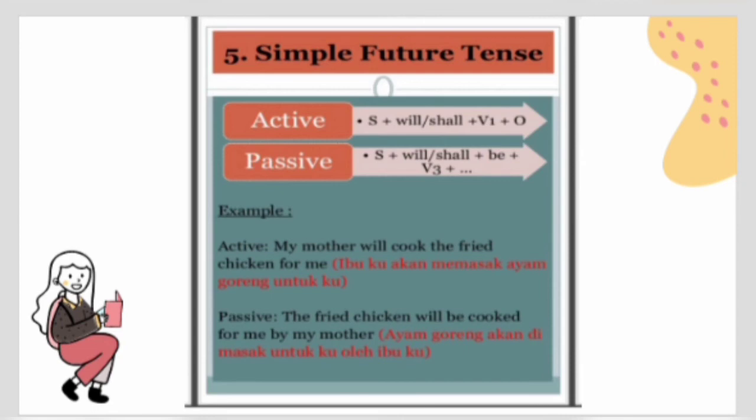And the passive sentence: subject plus will, shall plus be plus verb 3. For example, active sentence: my mother will cook the fried chicken for me. And passive sentence: the fried chicken will be cooked for me by my mother.